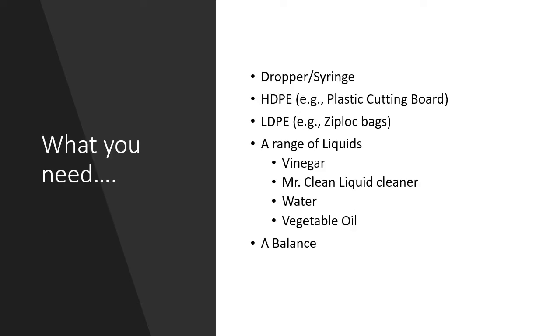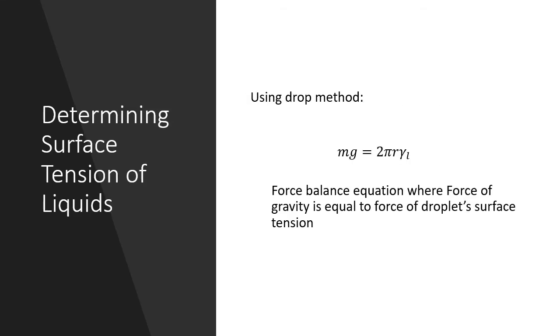What you'll need is a dropper and syringe, high density polyethylene, in this case a plastic cutting board, low density polyethylene, Ziploc bags, and a range of different liquids. Hopefully those liquids encapsulate a wide range of contact angles, and that's going to give us more accurate results. And lastly, you're going to need a balance, to find surface tension.